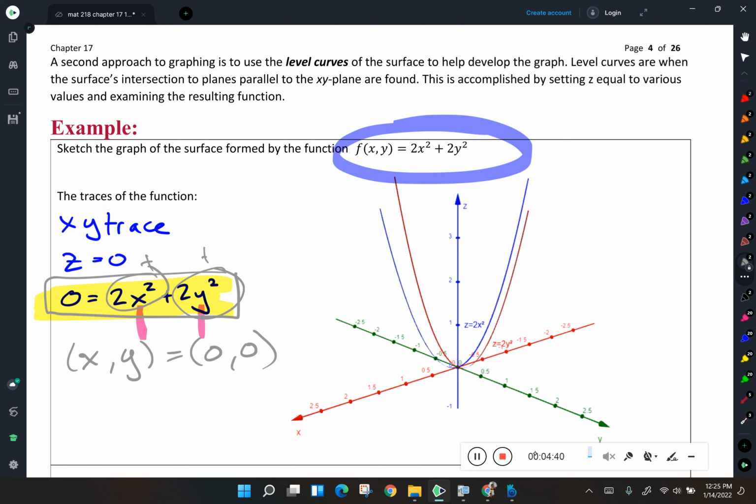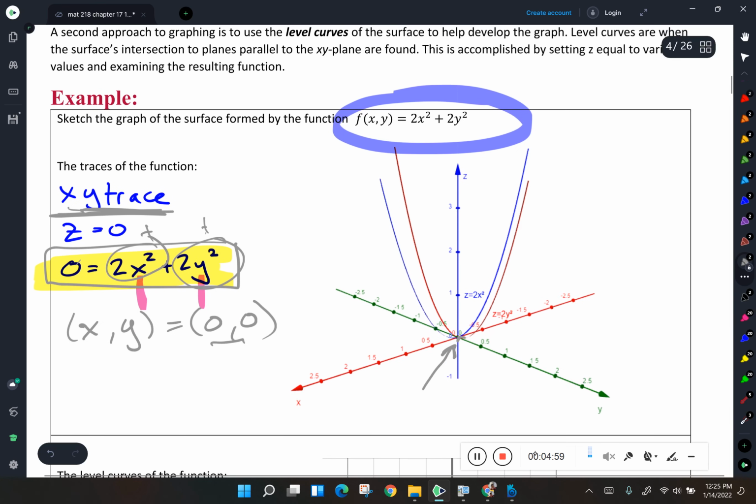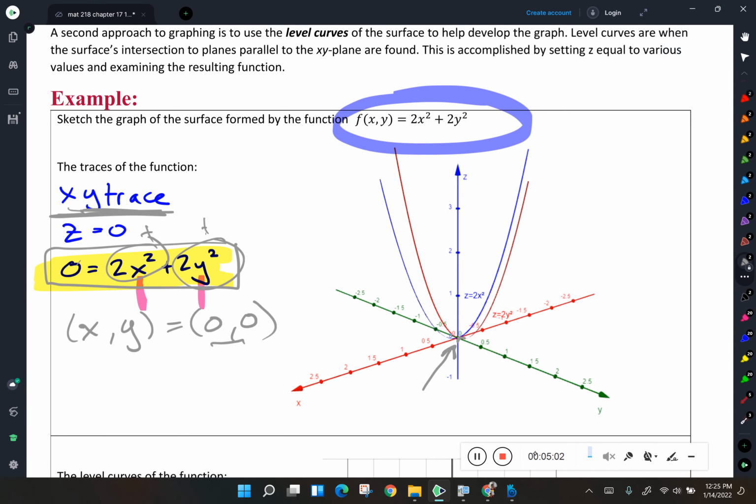And a positive number plus a positive number can never be equal to 0. So the xy trace is a single point, and that represents that point right down there, the origin of the entire thing. Now, if I do that again, and take a look at the other two traces.